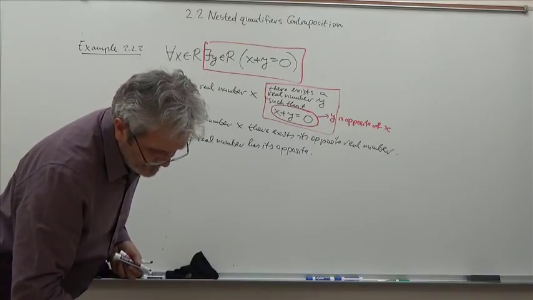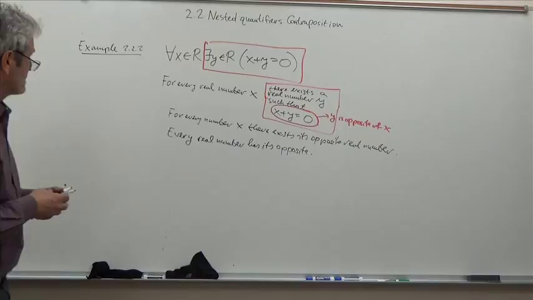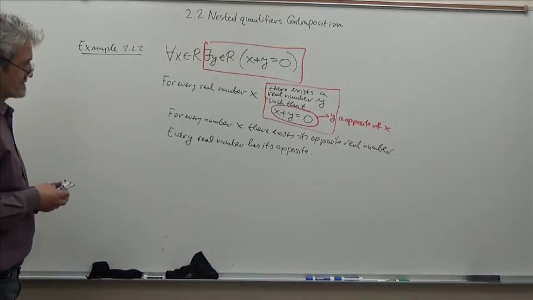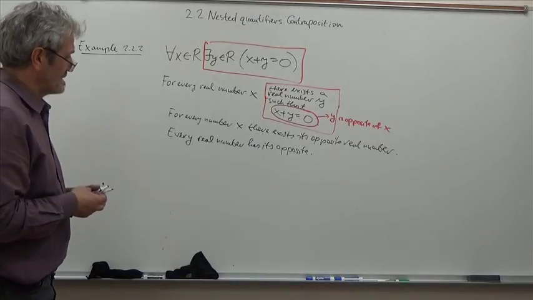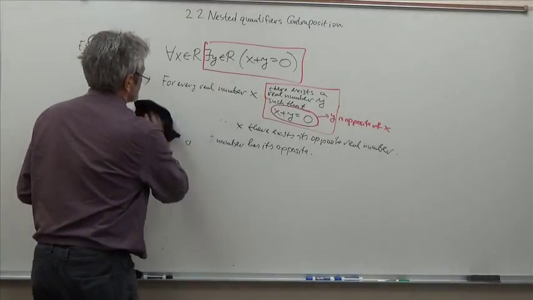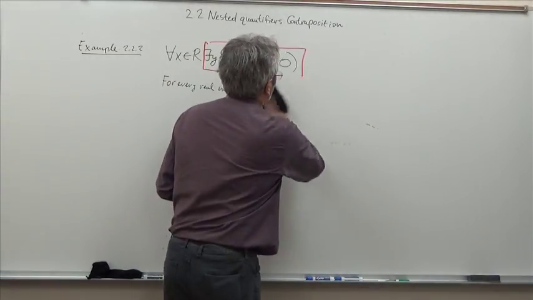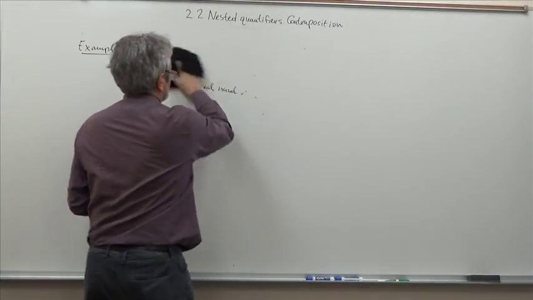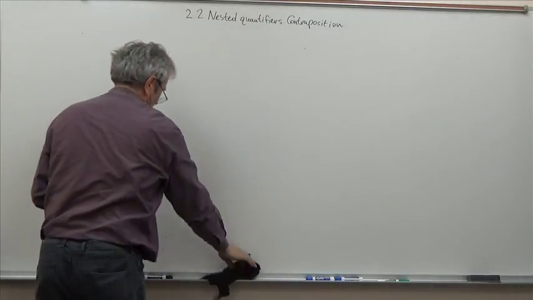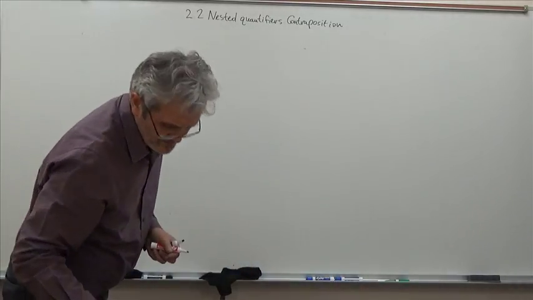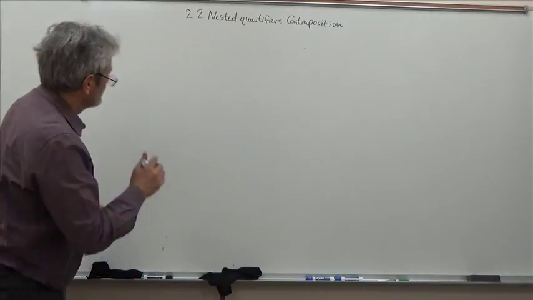All right, let's also practice the other direction. If you have an informal argument and we are not sure how to understand it, how to make a formal argument out of it. So here is example 224.